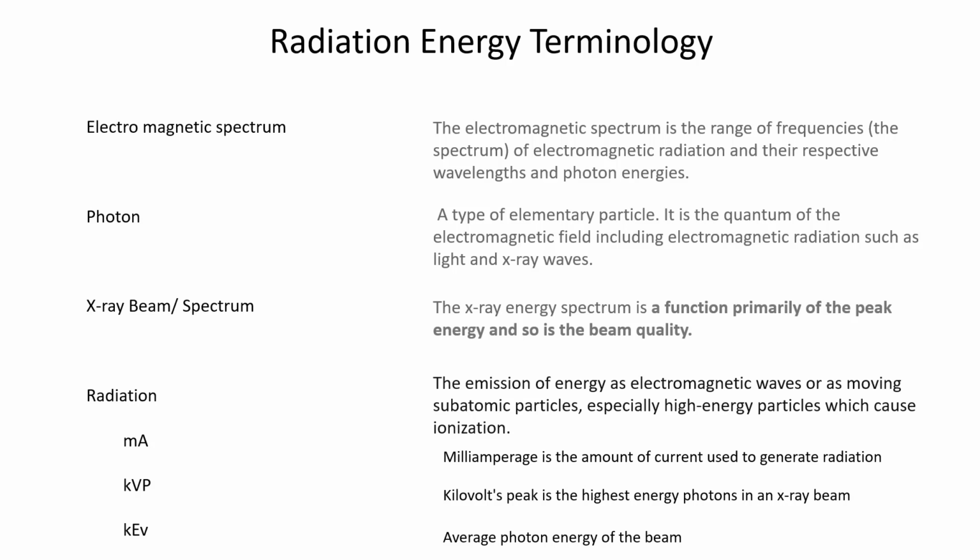The area we're most interested in is called keV, which is the average energy of the photon beam. So when we compare kVp and keV, keV is the average energy in the beam, and kVp is the peak or the highest energy in the beam.